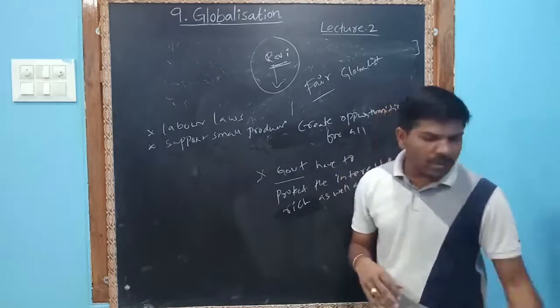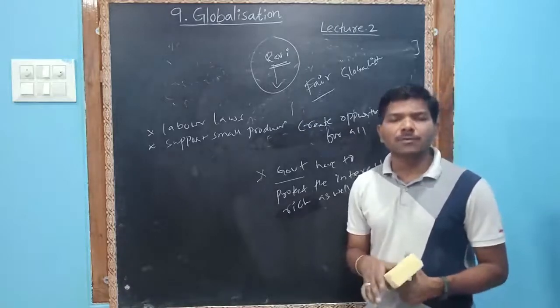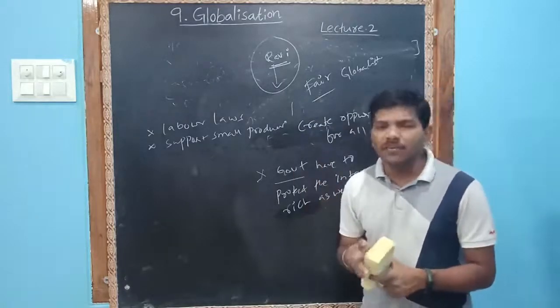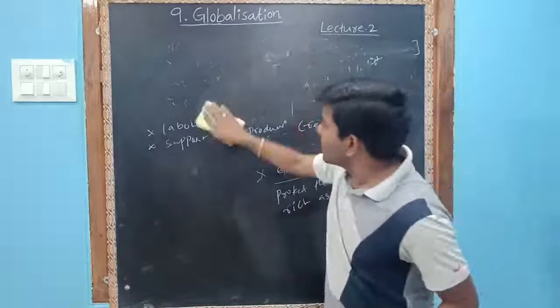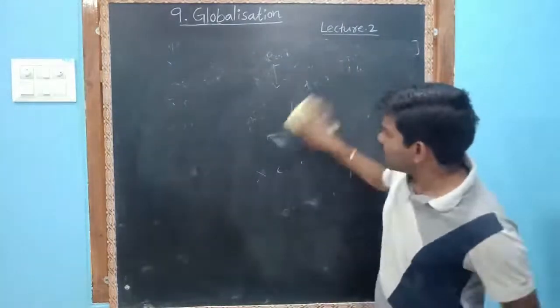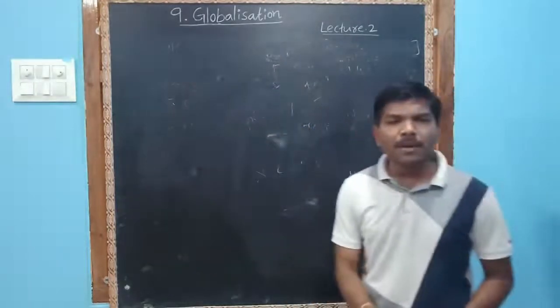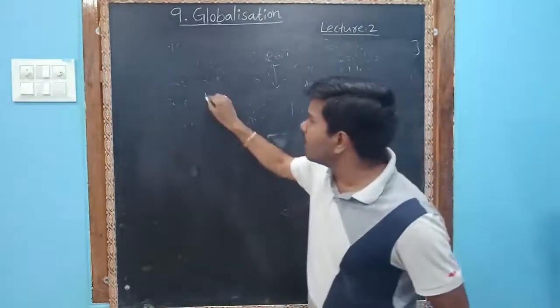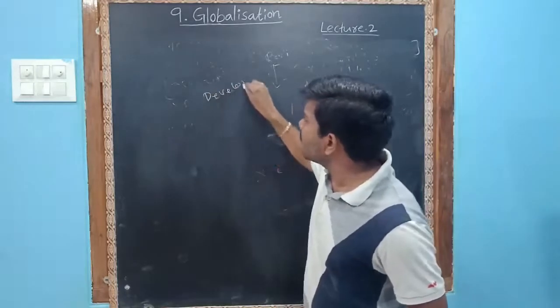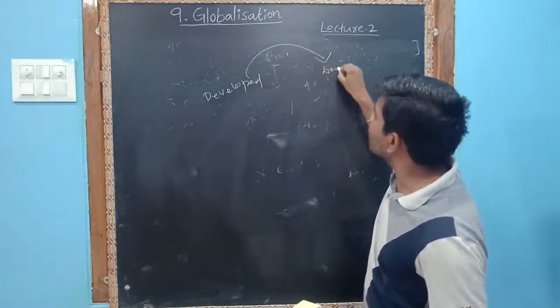Later, the WTO played a very crucial role. There are 150 countries as per the textbook, but now there are 164 countries. Developing nations were forced to follow the rules and regulations made by the WTO. I repeat, developed nations are forcing their ideas on the developing nations.